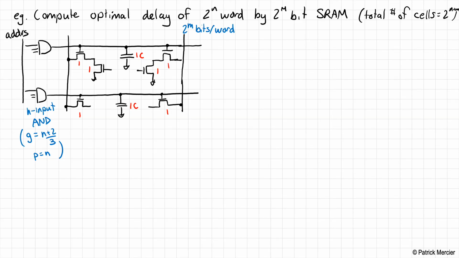All right. Well, when we talk about computing an optimal delay, the first thing that should come to mind is logical effort, right? So this allows us to look at the delay of multi-stage logic in order to come up with some optimization approach here. So this is indeed a multi-stage logic network. We have an address, that's our input signal. It goes through an AND gate.